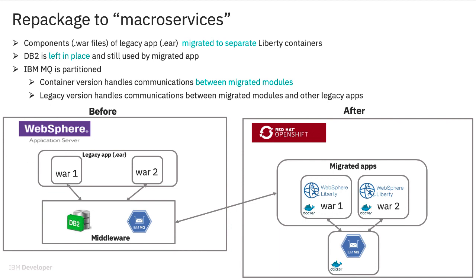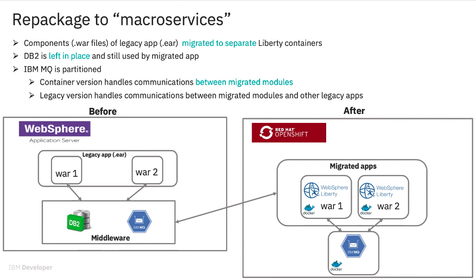As far as your middleware is concerned, you can also look at partitioning that. Generally speaking, most people have the most problems with databases, especially legacy databases that have evolved over time. It's usually not easy to find nice, clean partitions to break it up. That can be problematic, but in some cases you can find those partitions, so you can move those over as well if it makes sense.